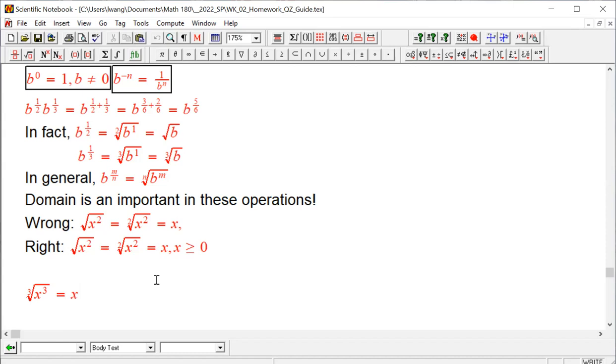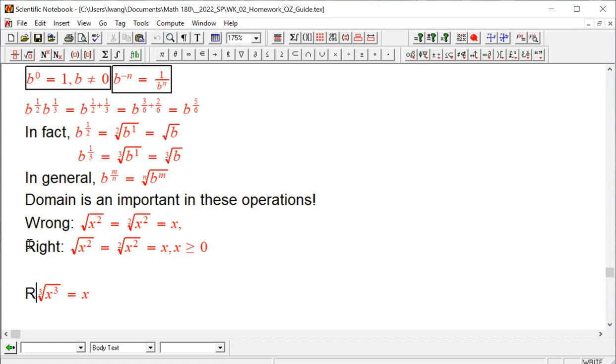No problem. There's no issue. There's no problem for odd number roots. Why do we have a problem with even number roots? It's all because of domain. It's a domain issue, okay?